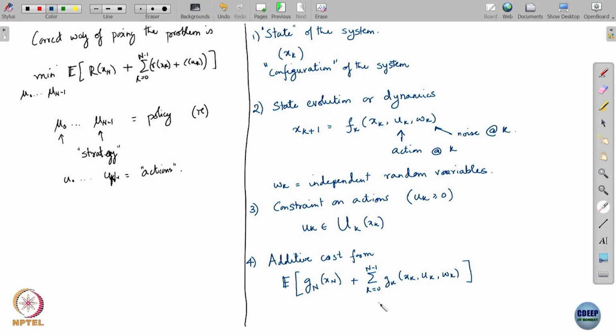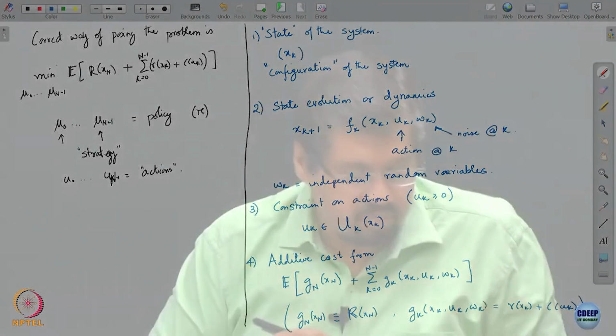So, as you can see, in the earlier problem above, g n of x n was simply r of x n, and g k of x k u k w k was r of x k plus c of u k. Okay.